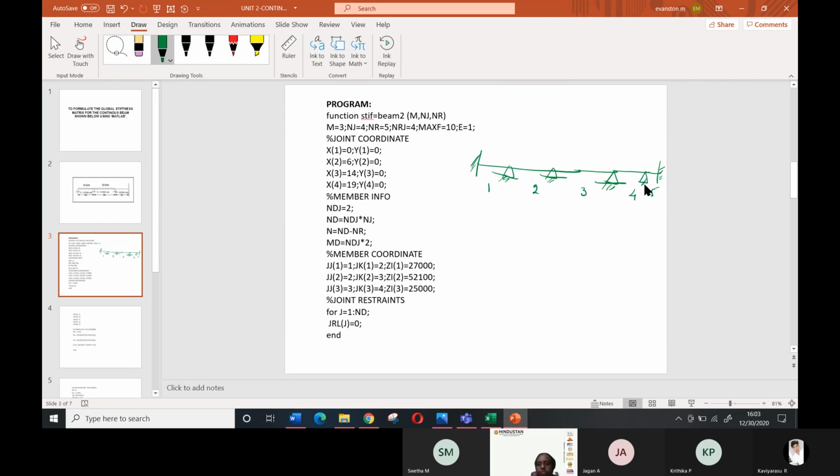The first member is 1 meter. Second is 2 meter, 3 meter, then 1 meter, and this is also 1 meter. Have you taken the question? Take EA is equal to 20,000. So you have to write joint coordinate, member information, and member coordinate.